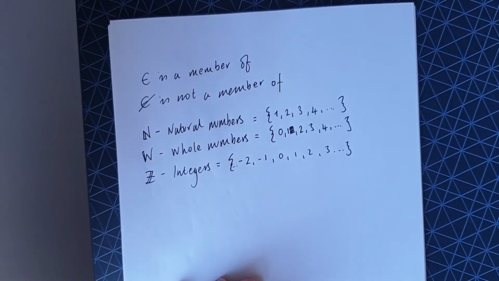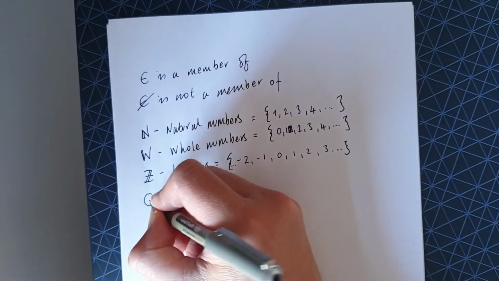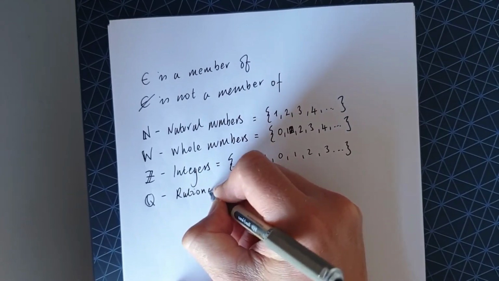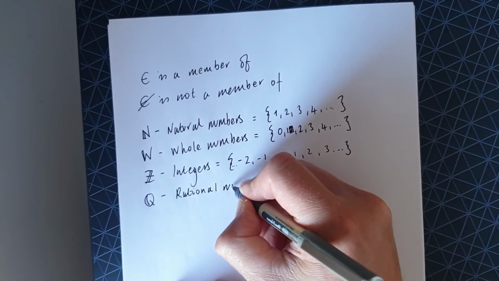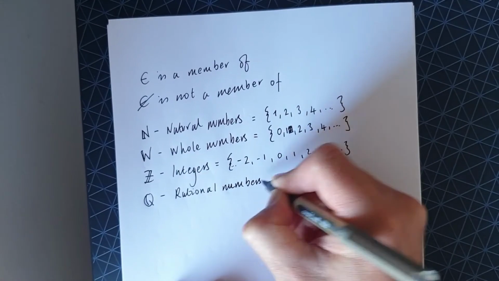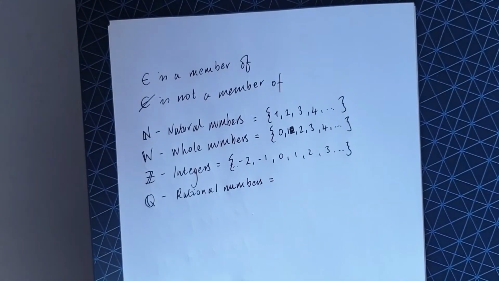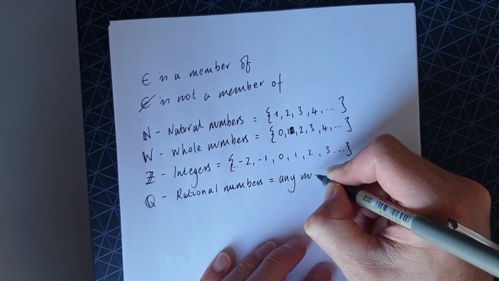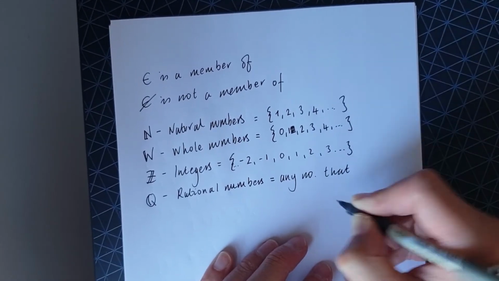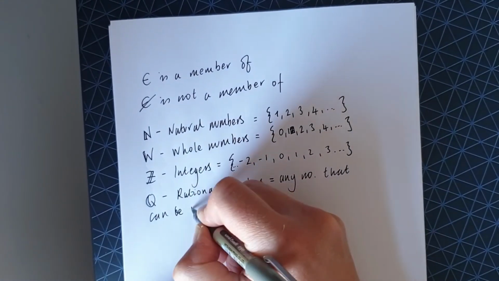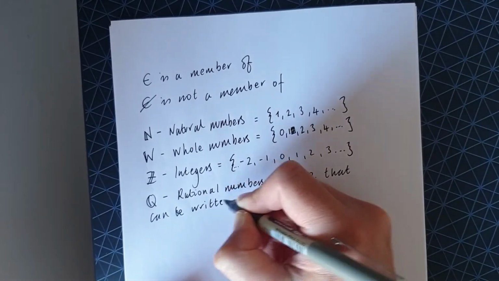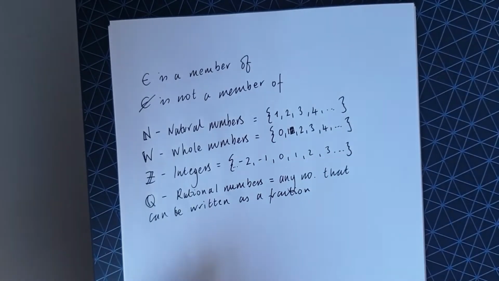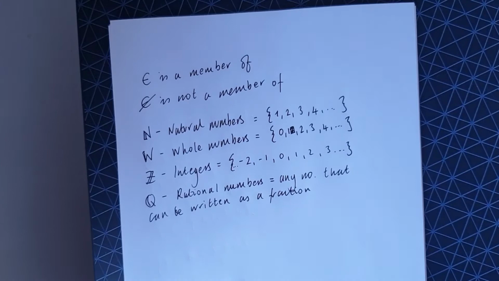After that, we've got the rational numbers, which weirdly is denoted with a Q. And that is basically any number that can be written as a fraction, which encompasses a lot of numbers.